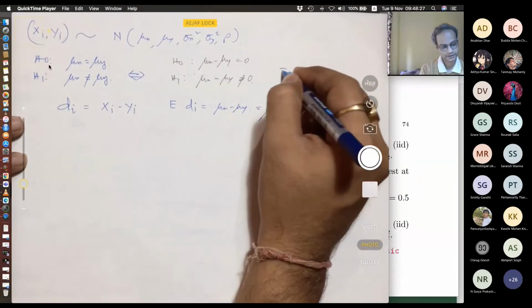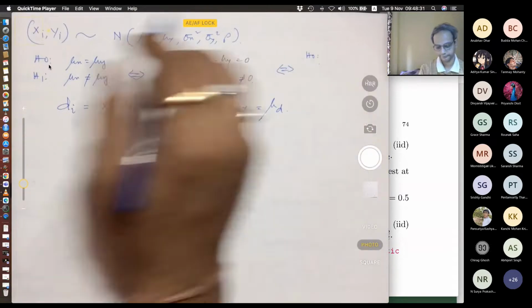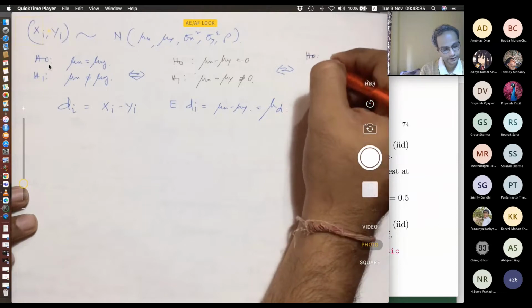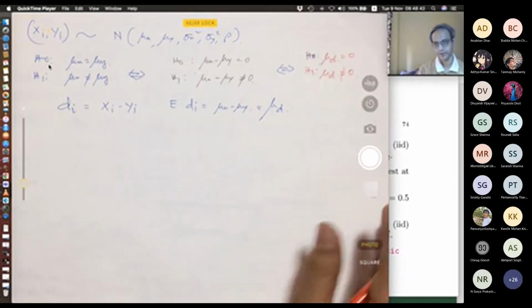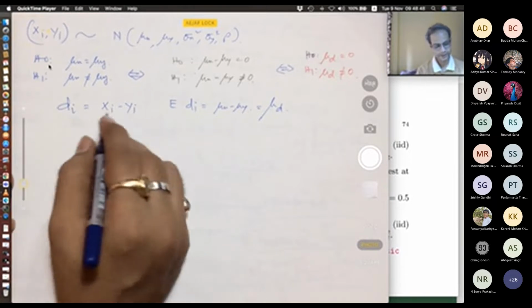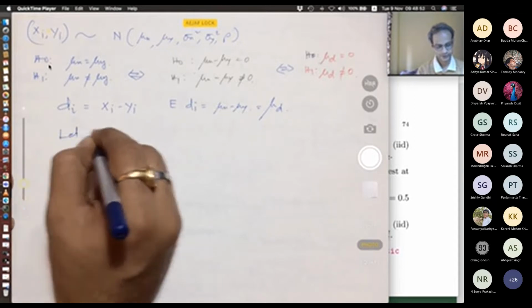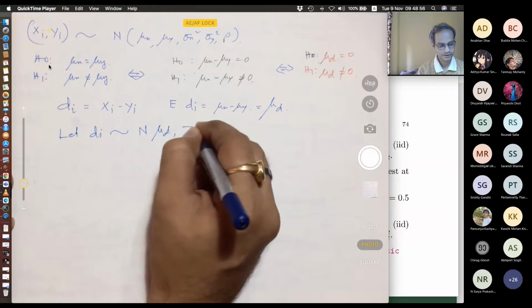So this hypothesis is equivalent to saying h naught mu d equals 0, h1 mu d not equal to 0. Already we have done this test. Is it okay? So let di's be following normal mu d, sigma d square.